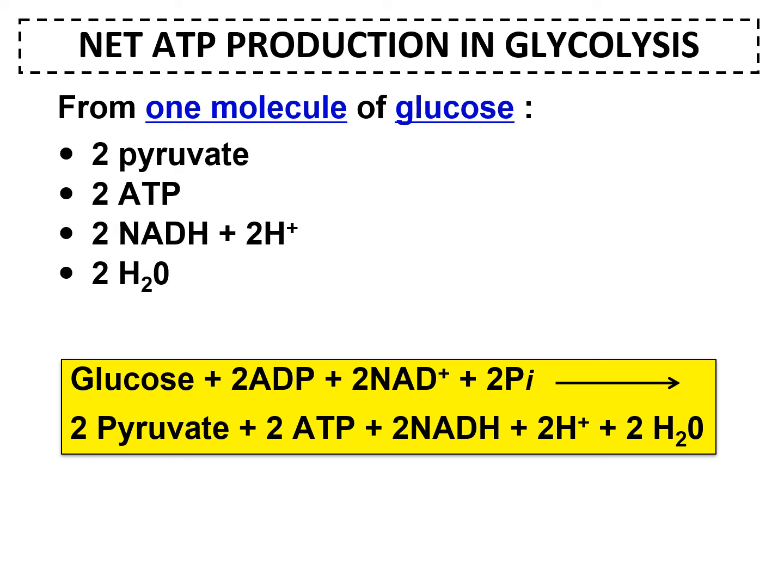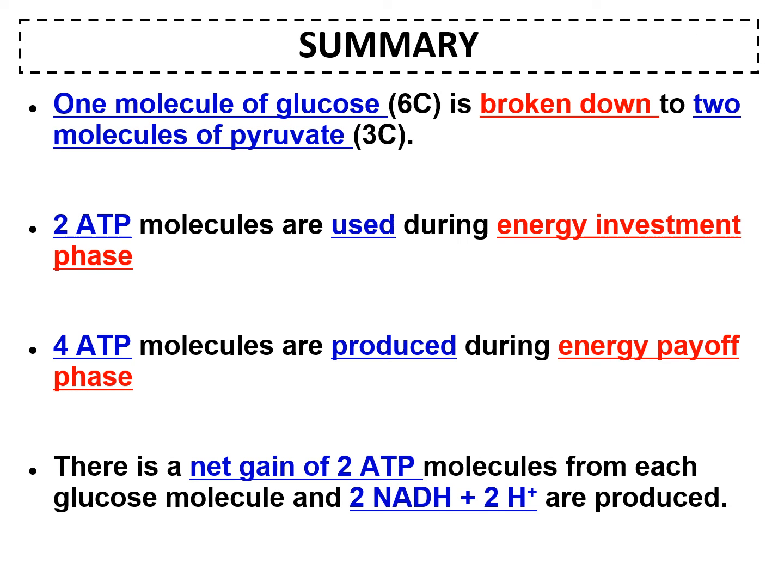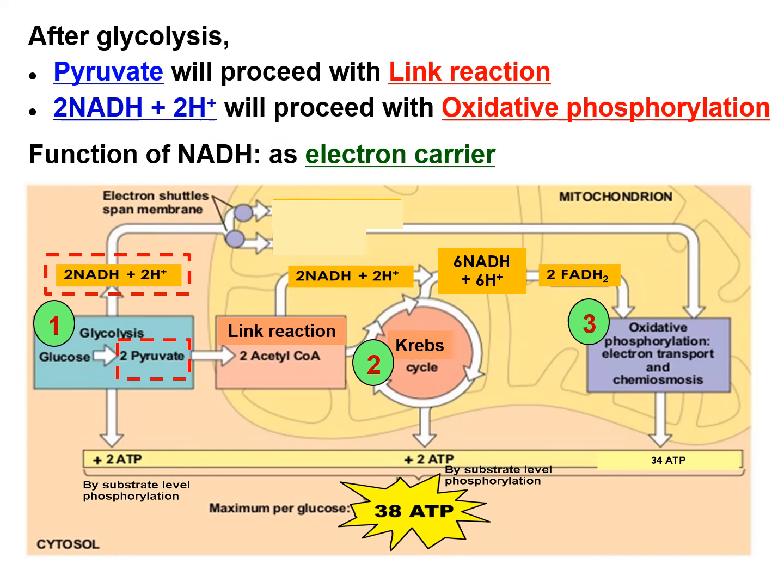Another summary, from 1 molecule of glucose, we will produce 2 pyruvate, 2 ATP, 2 NADH plus 2H plus, and 2 water molecules during step 9. After glycolysis, pyruvate will proceed with link reaction, while NADH plus H plus will proceed with the oxidative phosphorylation.